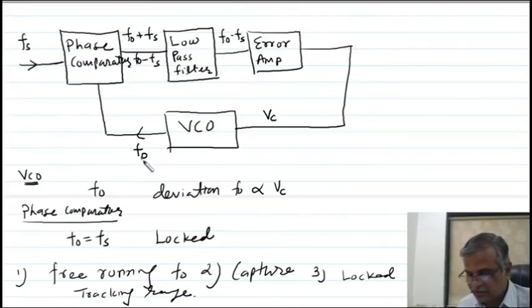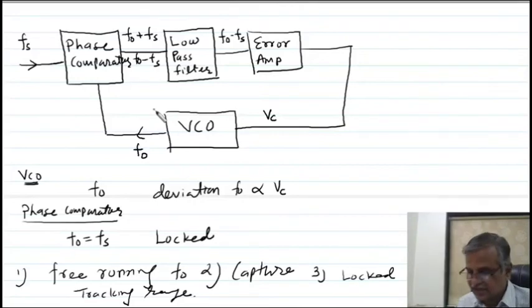As FS comes toward FO, the sum component is removed by the low pass filter, and FO minus FS appears at the output of the low pass filter. The error amplifier produces a small DC voltage with this beat frequency FO minus FS, and this changes FO. Again this process continues till FO is equal to FS.